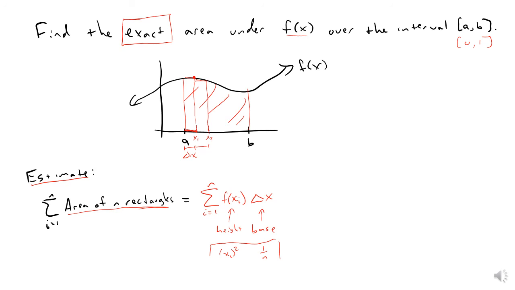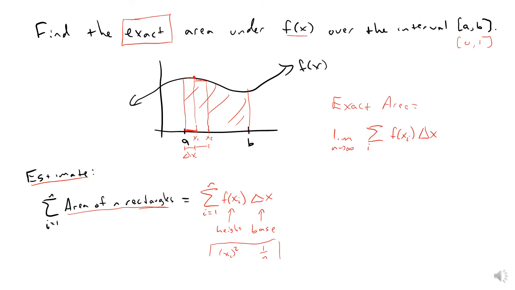How do I get the exact area? Again, we've already talked about this. If I want a better estimate, I do more rectangles. So my exact area is going to equal the limit as n goes to infinity of this sum that we have written down below: the sum of the height of each rectangle, f of x sub i, times whatever the width, or base, of the rectangle is.